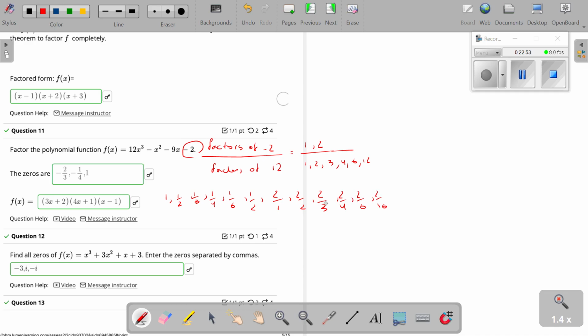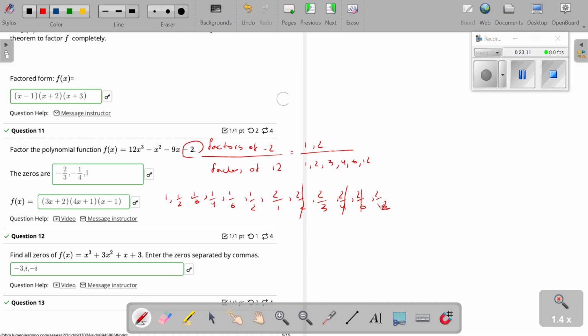I know that some of them are repeated. For example, 2 by 2 is repeated, so I can cross that. 2 by 4 is basically 1 over 2, so it's repeated. 2 by 6 is 1 over 3, which is also already here.